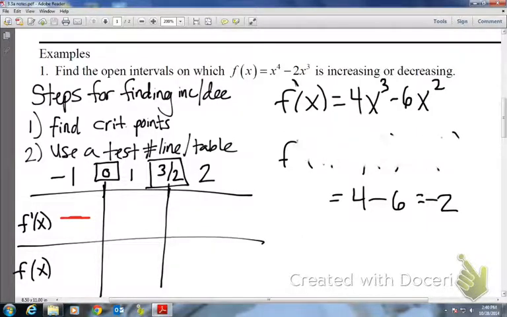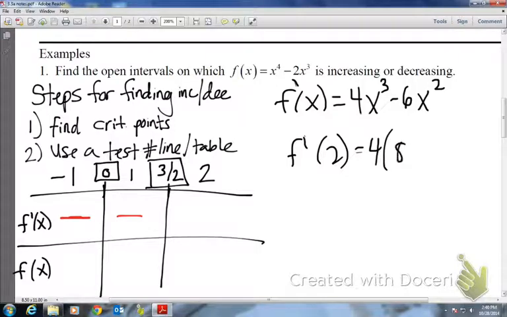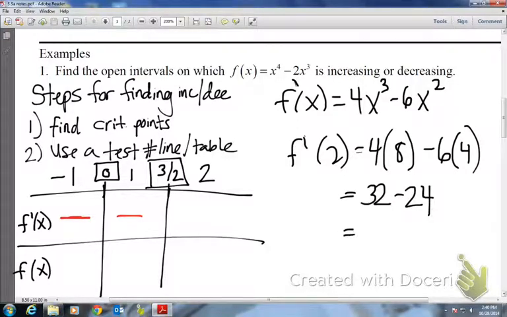All right, last but not least, I'm going to take my test value of 2 and plug it in here. So I have f prime of 2 equals 4 times 2 cubed, that's 8, minus 6 times 2 squared, that's 4. So 4 times 8, that's 32, minus 24 is positive 8. So this is a positive.